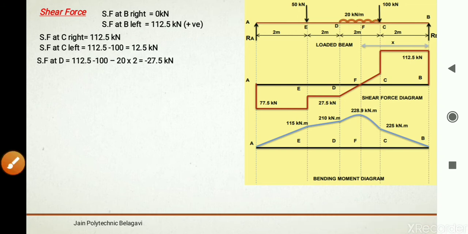Then shear force at D. We have not taken left or right because it is not a point load, it is uniformly distributed load.